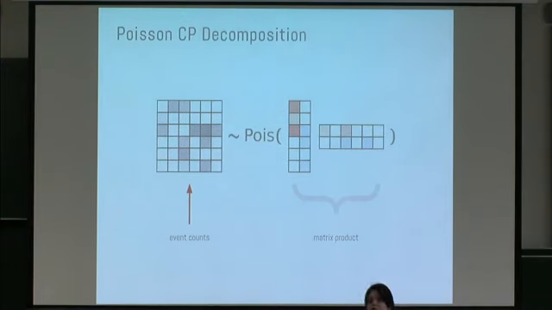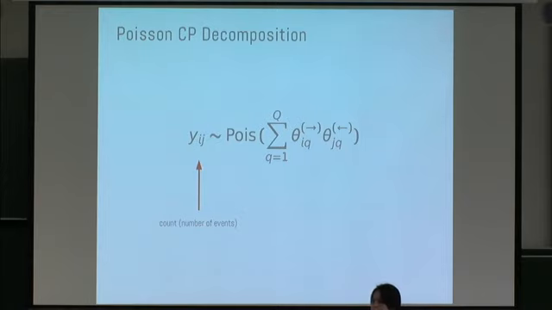So what does this generative process look like as math? Well, it's pretty simple. Each y_ij is drawn from a Poisson distribution whose rate parameter is a sum over the Q communities, where the summand is the product of the corresponding sender and receiver factors. And that's it.